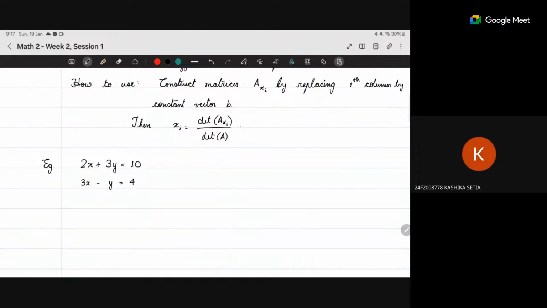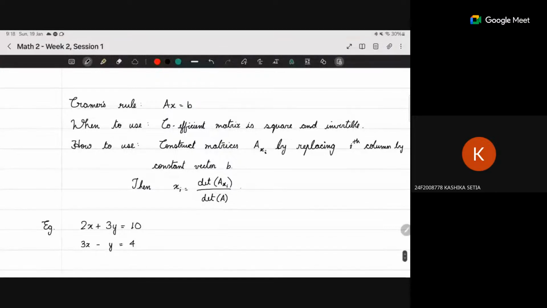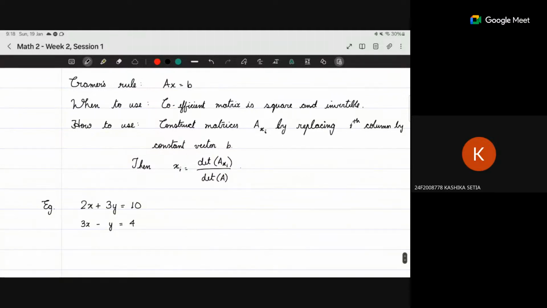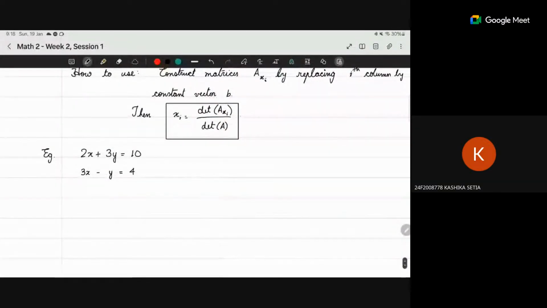I don't even know what the solutions are, but can I apply Cramer's rule to get the solution of this? There is one fact, I don't know if it's discussed or not: if you have an invertible square matrix as your coefficient matrix, then the solution is unique. And that unique solution is given by this form. With an example, it will be clear.